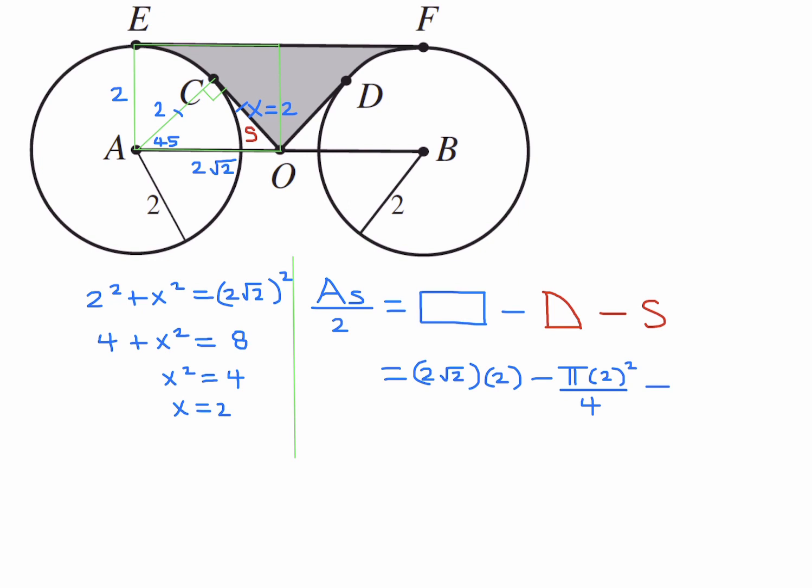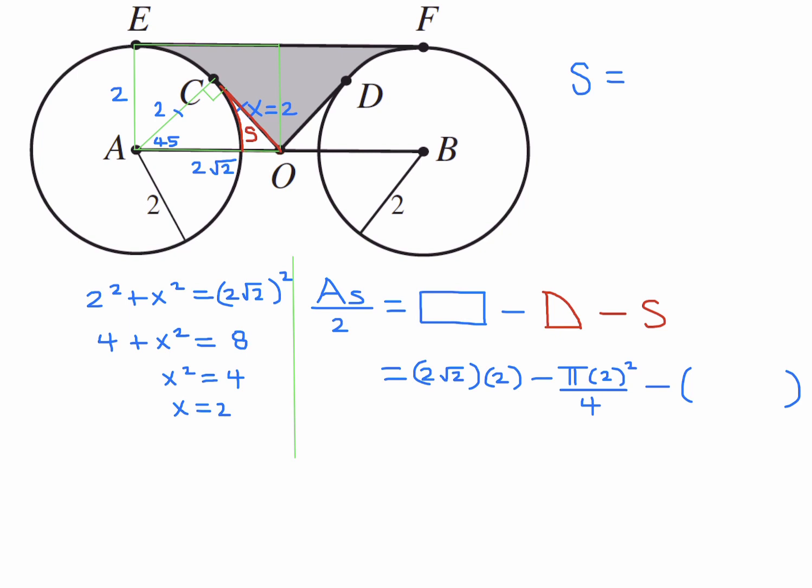And then now I have to figure out S. S is a little bit tricky, not very tricky, but I'll do it up here. And then I'll plug it in down here. So what is S, first of all? S is represented by this region right here.